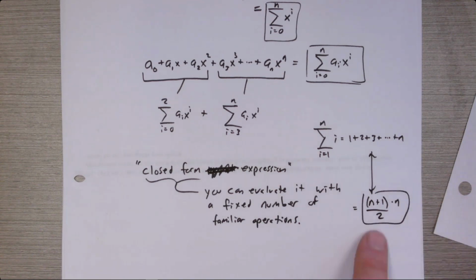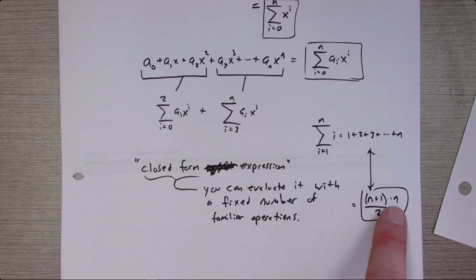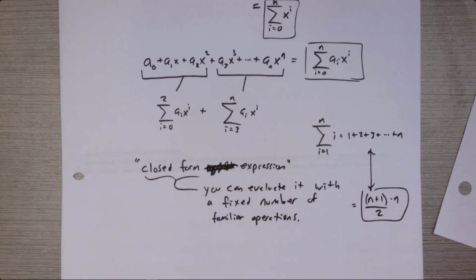And this is a closed form of that same sum. It's closed because now to evaluate it, I only need to do one addition, one multiplication, and one division, no matter what the value of n is. So if in a problem I say find a closed form expression, what I mean is find an expression that doesn't involve any dot dot dot in it. That's closed form.